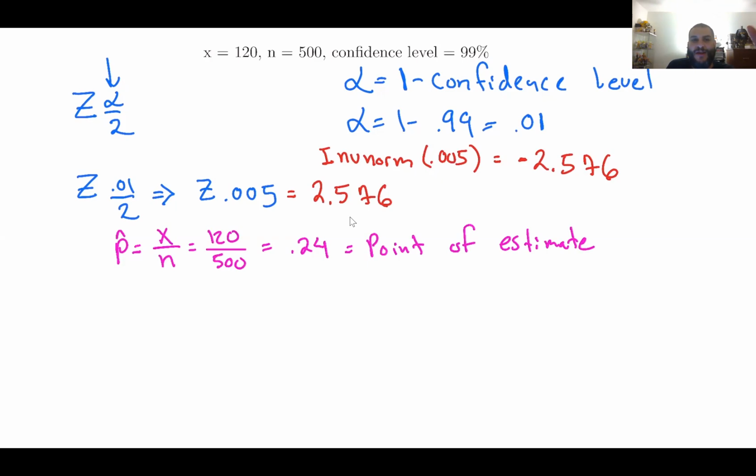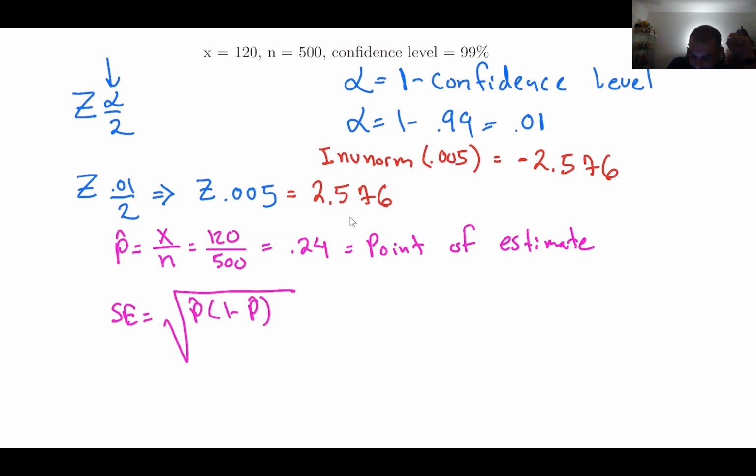Now we're going to calculate the standard error, and then we're going to calculate the margin of error. The standard error is the square root of p hat times 1 minus p hat, all divided by n.